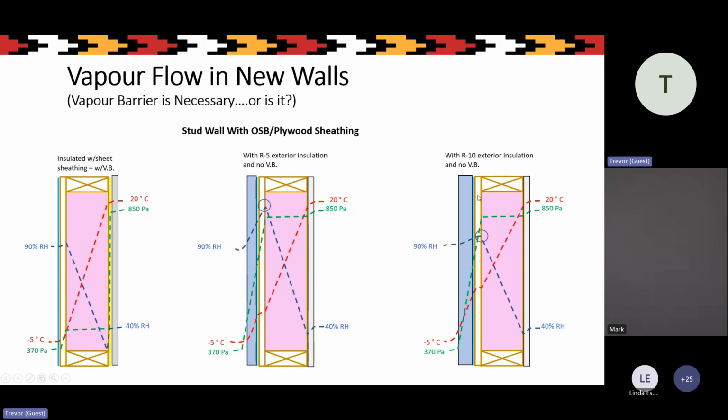In this case, if we have no vapor barrier, what we're really doing is turning our exterior OSB or plywood into our vapor barrier. And to do that, we just have to make sure it stays warm enough to avoid condensation. And we do that by just adding exterior insulation. So there are other ways to deal with vapor flow, and it really is a combination of temperature and vapor pressure that we're playing with.